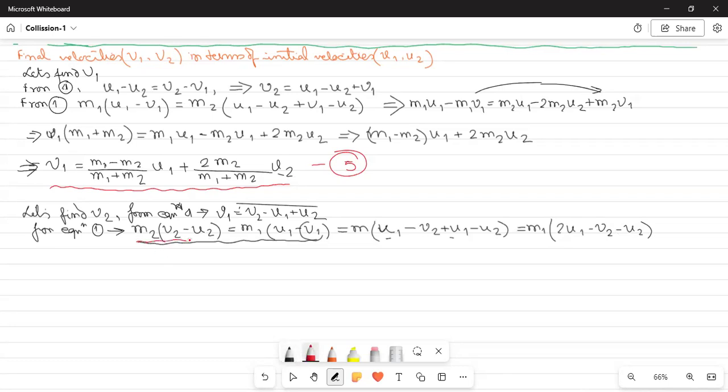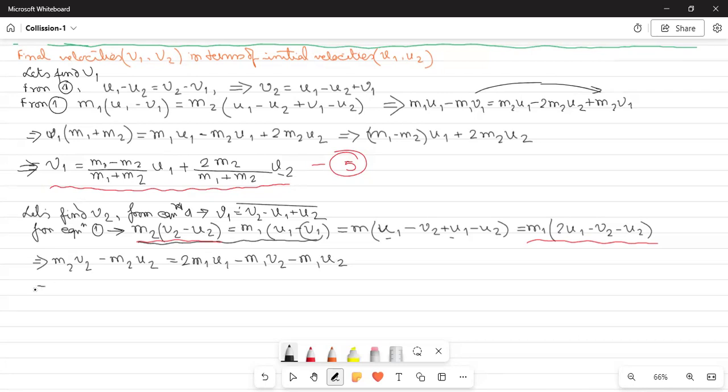Now if we do multiplication from here we get m2 v2 minus m2 u2 is equal to 2 m1 u1 minus m1 v2 minus m1 u2.